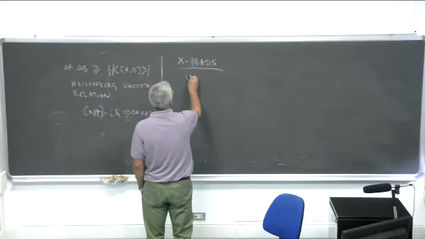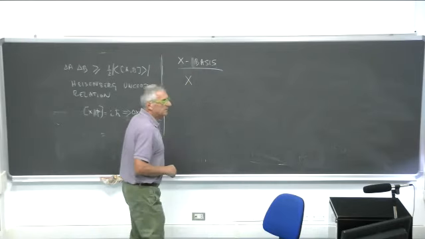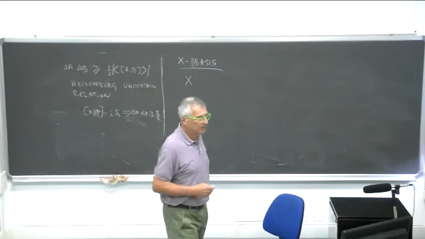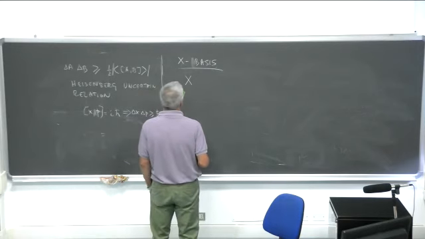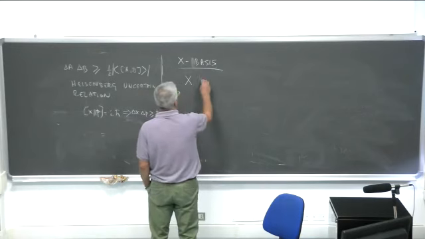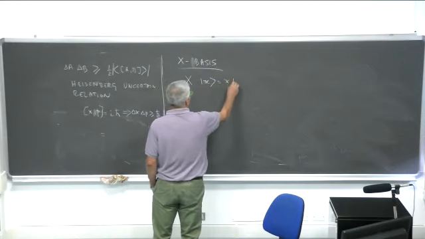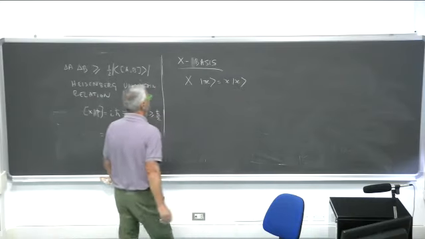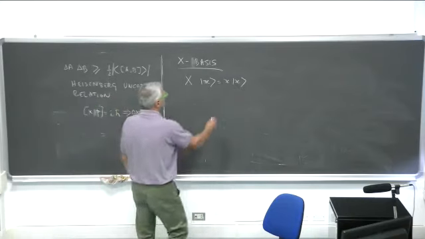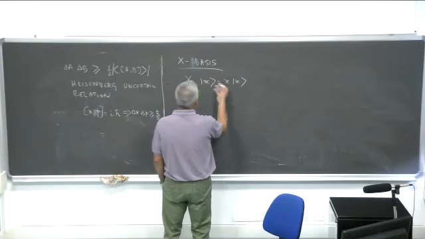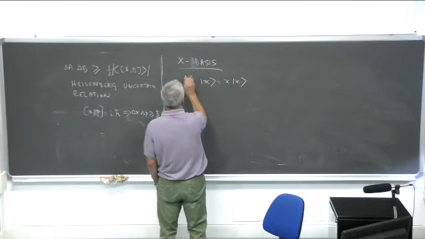So X, the position operator, you think of it as an operator, okay? And you choose a basis for which X is diagonal, say, something like that, right? Where x is the eigenvalue of this operator. Right?